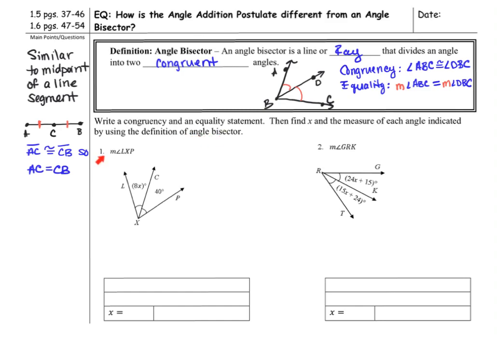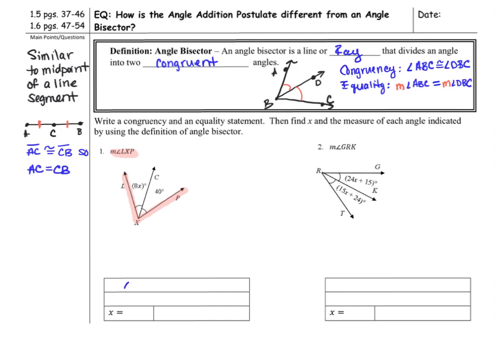So if we're looking at number 1, we're going to find the measurement of angle LXP. So LXP, I'm going to highlight that in red, is this big outside angle. So because this is an angle bisector and you have these two little arcs, that means that this angle is going to be congruent to this angle. So let's go ahead and write our congruency statement in the first box below.